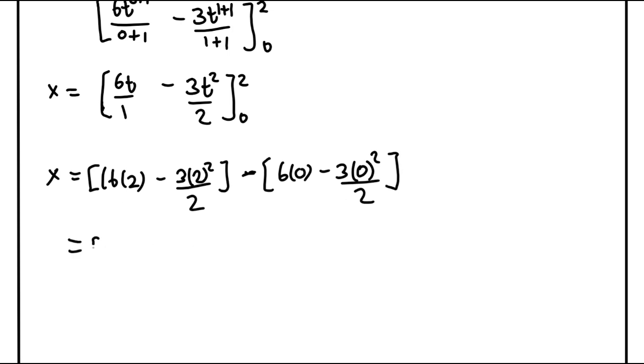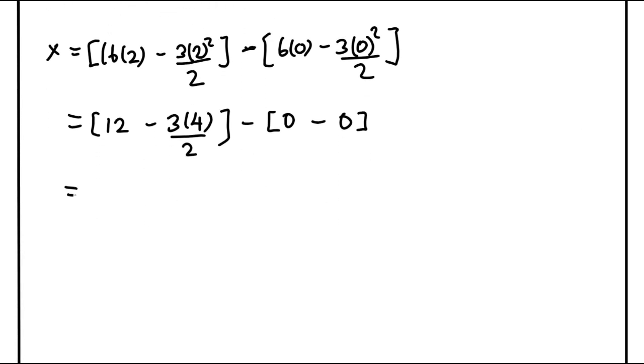Here we get 12 minus 3 times 2 squared, which is 4, over 2, minus 6 times 0 is 0. 3 multiplied by 0 divided by 2, that's also 0.